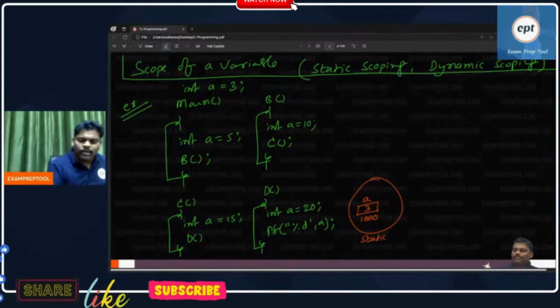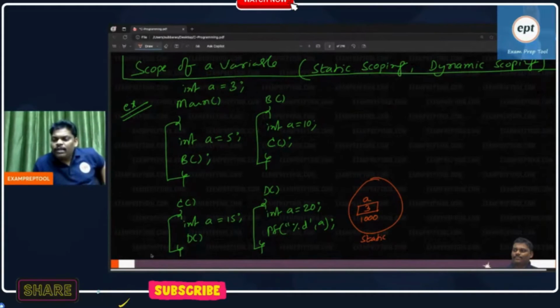Okay, fine. Now let me run the program. Before compiling, after compiling, what is the difference? Sir, if you want to run the program, you have to compile.